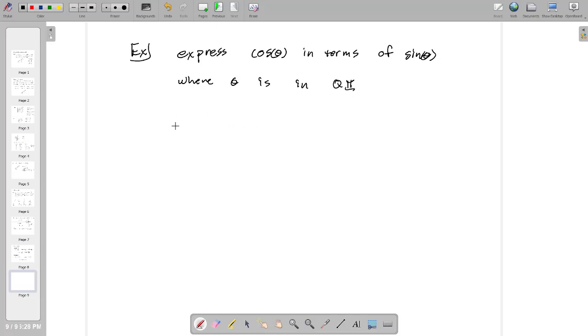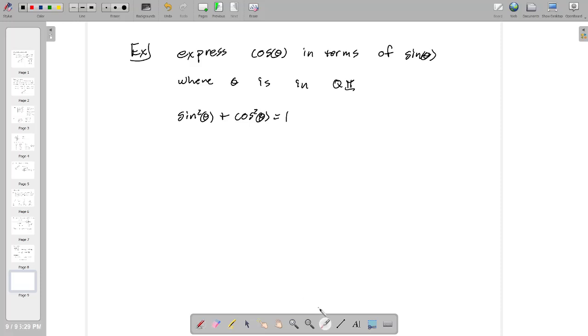So what you want to do, if you can, you can't always do it, but if you can, find a relationship between sine and cosine. And that relationship in this case is the Pythagorean identity. We have sine squared theta plus cosine squared theta is equal to 1. Now, if you're trying to do this with tangent and cosine, or tangent and sine, or cotangent and cosine, or cotangent and sine, then it becomes a little bit more difficult.